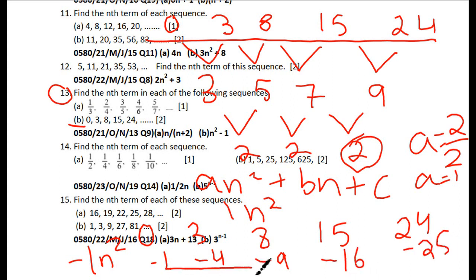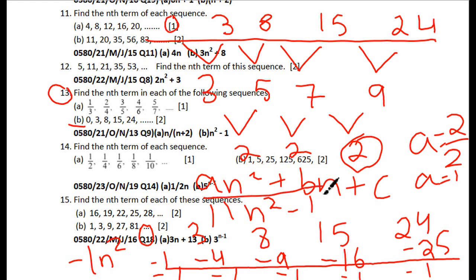When we subtract these, we get minus 1, minus 1, minus 1, minus 1, minus 1. So our nth term is simply 1n square minus 1. B is 0 in this case as well. This is the final answer for 13B.